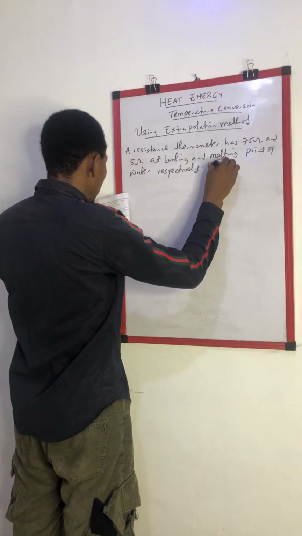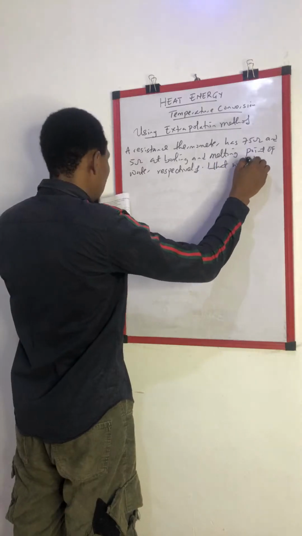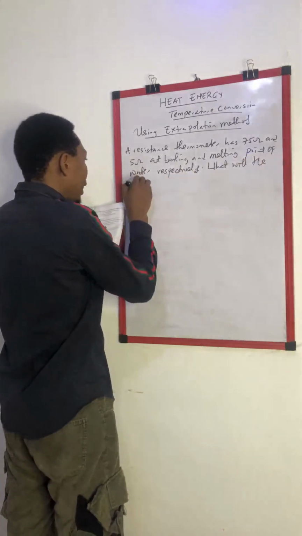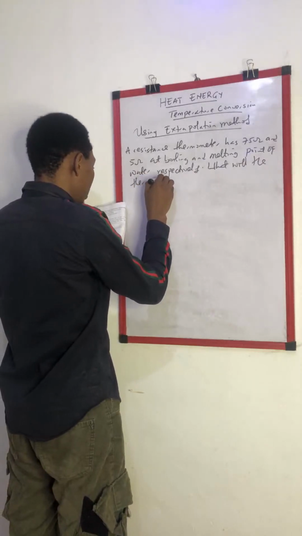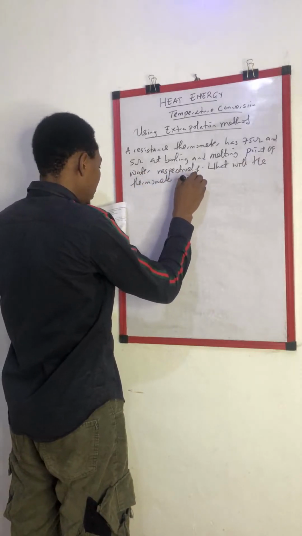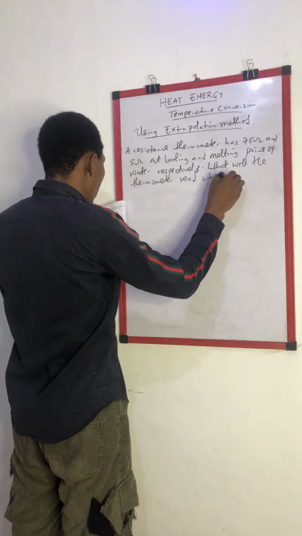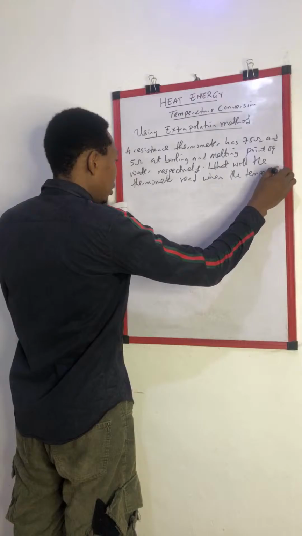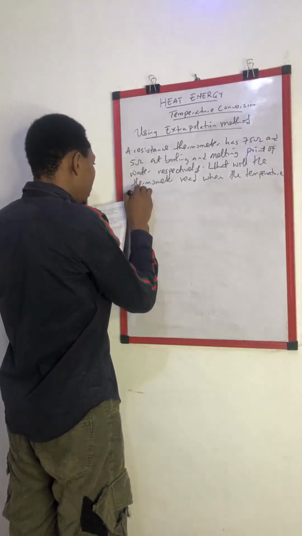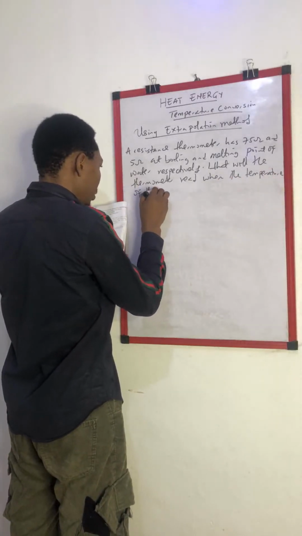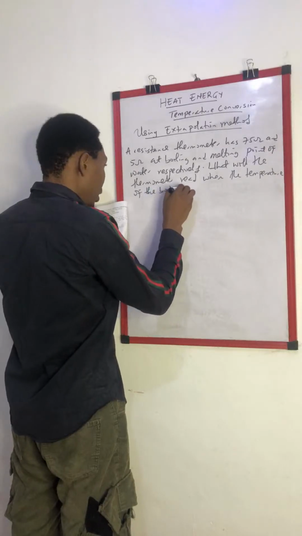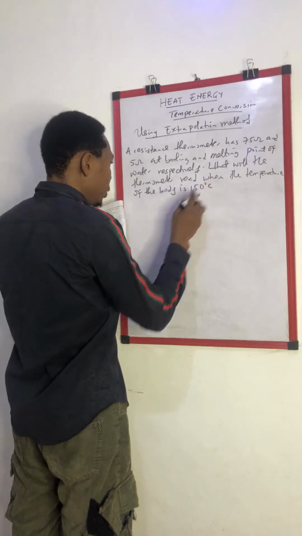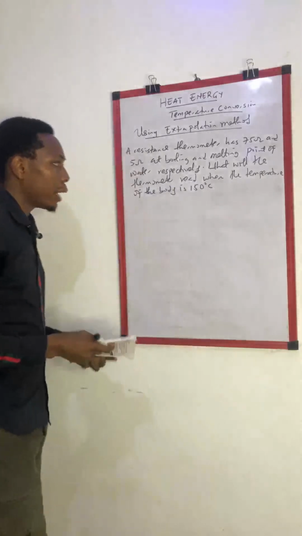Then what will the thermometer read when the temperature of the body is 150 degrees Celsius?